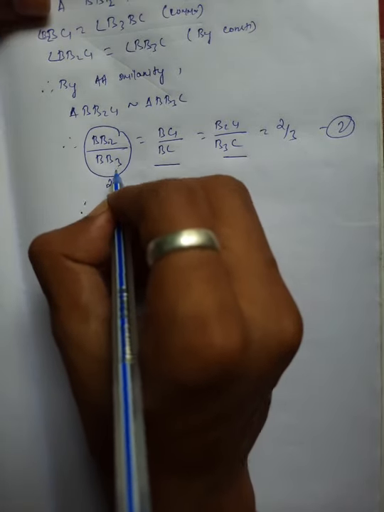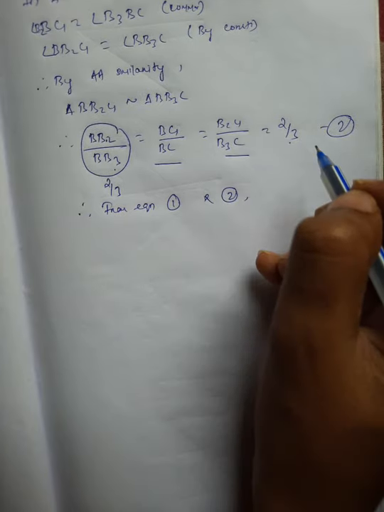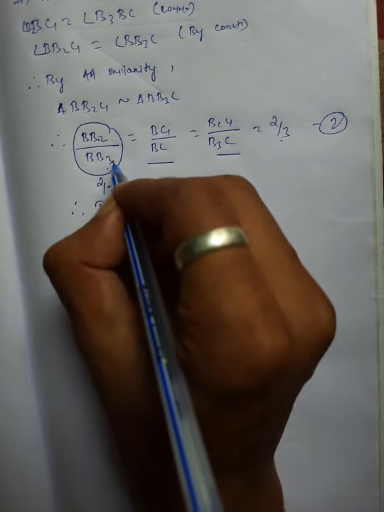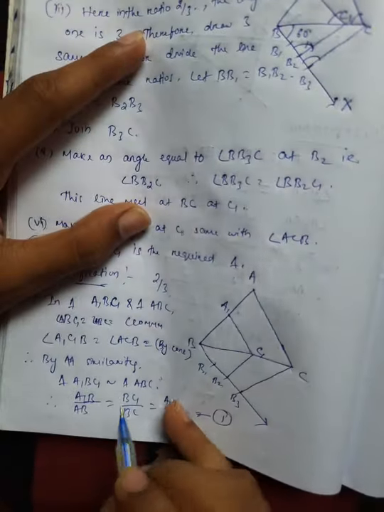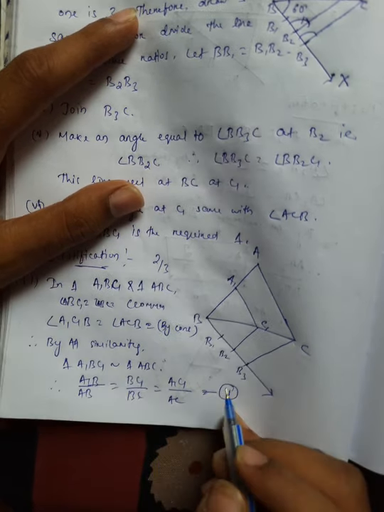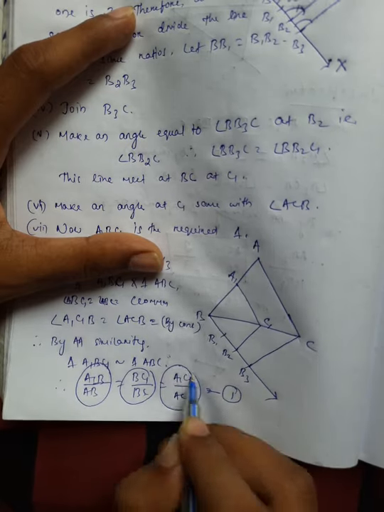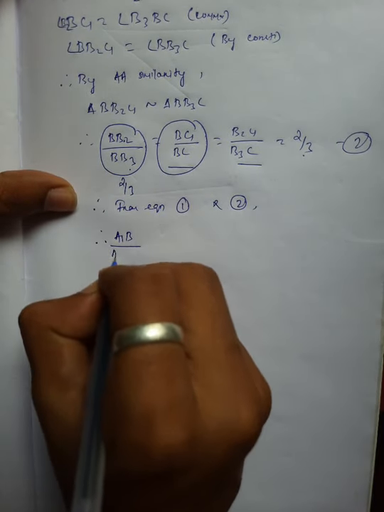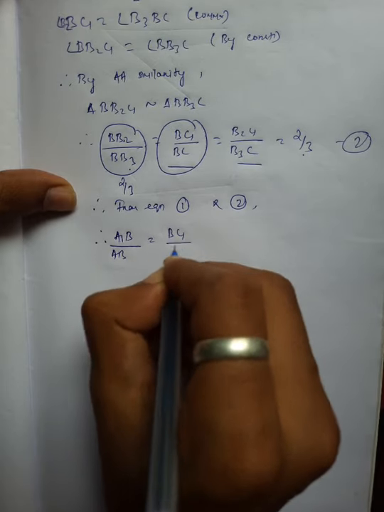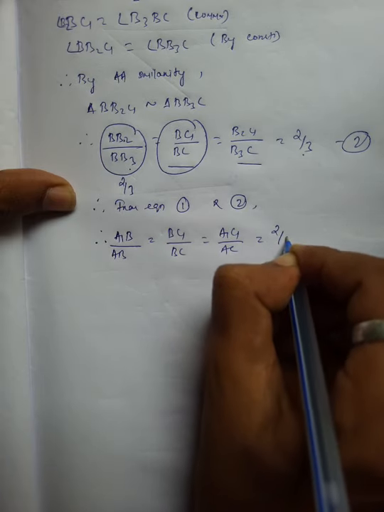From equation 1 and 2, BB2 by BB3 equals 2 by 3. Also BB2 by BB3 equals BC1 by BC. Here BC1 by BC is also 2 by 3. Therefore A1B by AB equals BC1 by BC equals A1C1 by AC equals 2 by 3.